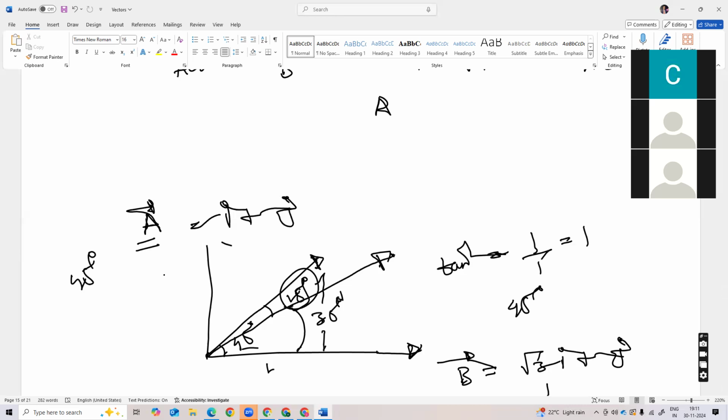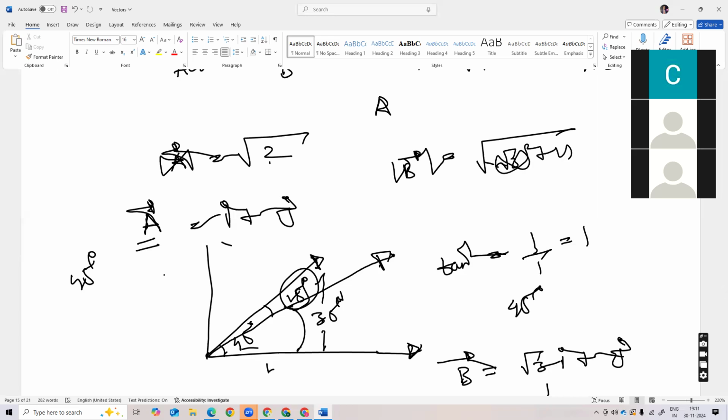The magnitude of A is basically root 2, because it is 1 square plus 1 square, so root 2. Then the magnitude of B is square root of root 3 square plus 1 square, so it is 2.